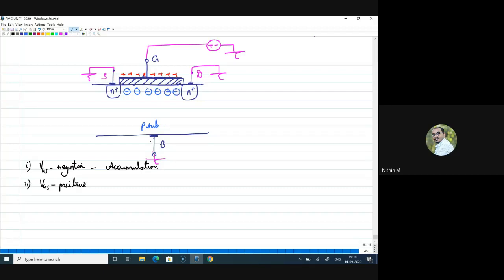With every electron there is a positive immobile ion, and with every hole there is a negative immobile ion. We call these immobile because if a hole is removed from an atom, what we get back is an ion that is negatively charged. Similarly, when an electron is removed from an atom, it becomes a positive ion. That is the idea here.